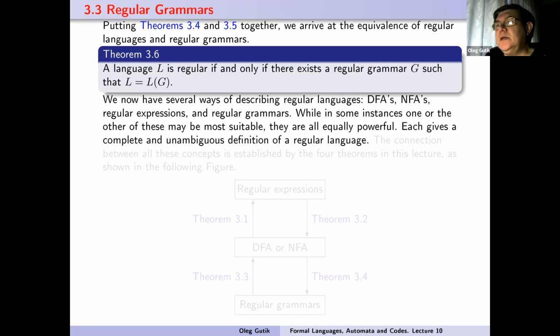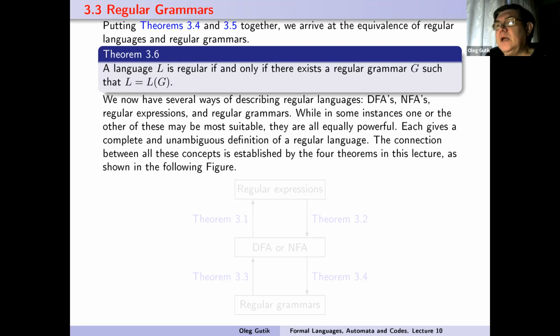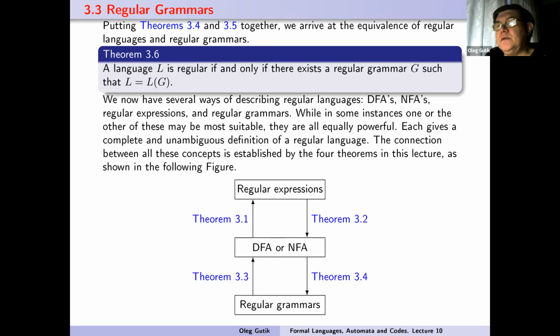Each gives a complete and unambiguous definition of a regular language. The connection between all these concepts is established by the four theorems in this lecture, as shown in the following figure.